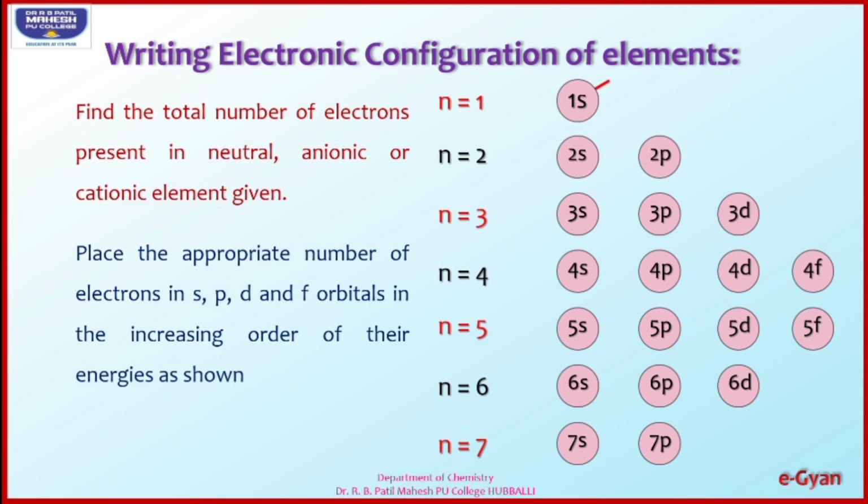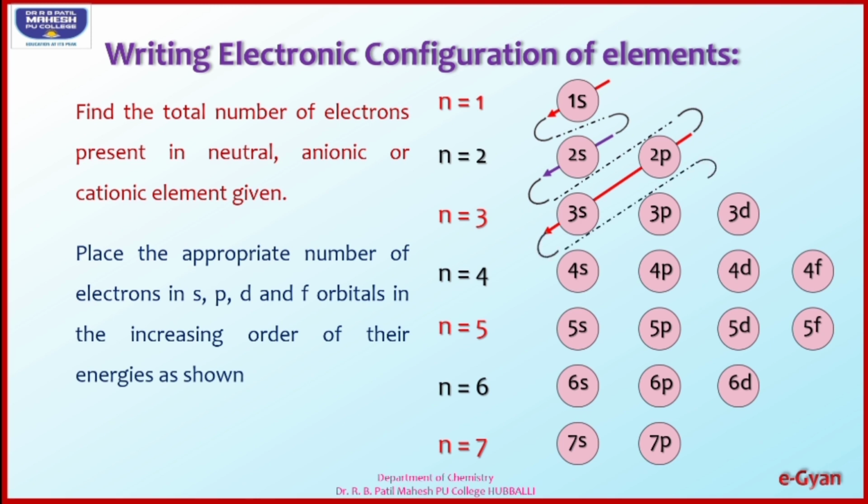First we are going to fill the electrons in 1s orbital, capacity to accommodate maximum 2 electrons. Next move to 2s, again 2 electrons we can give. Move to 2p, give 6 electrons, then come back to 3s.